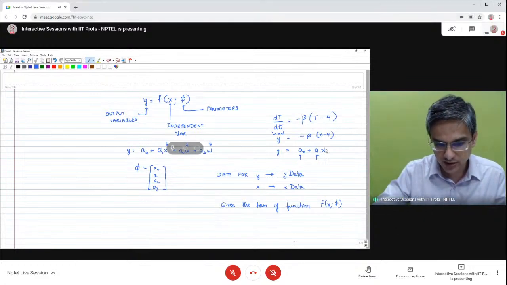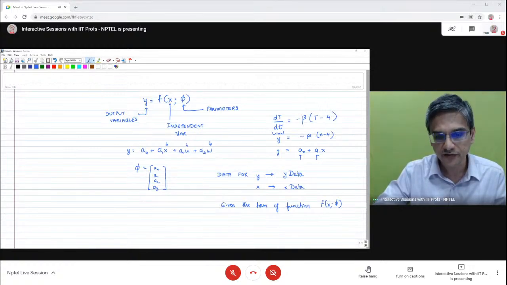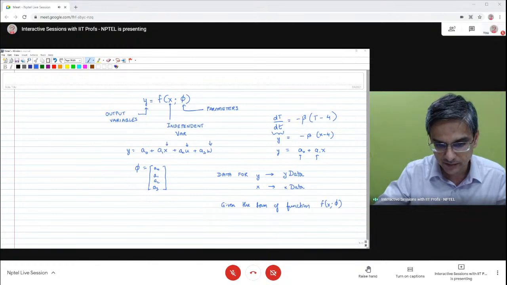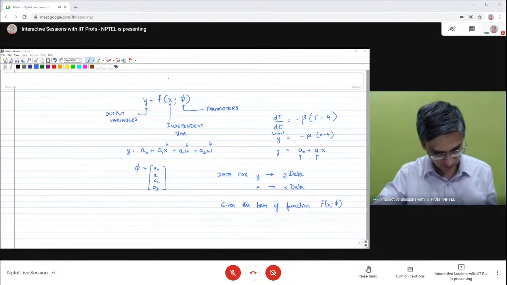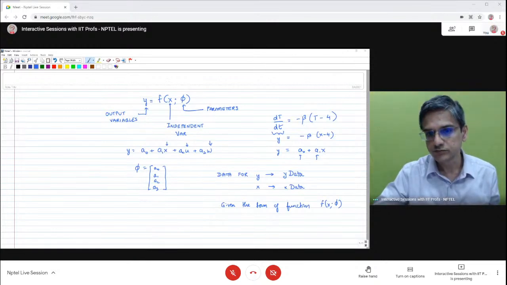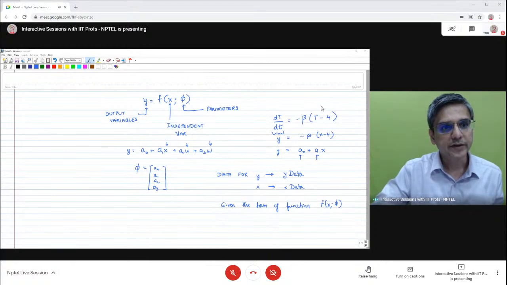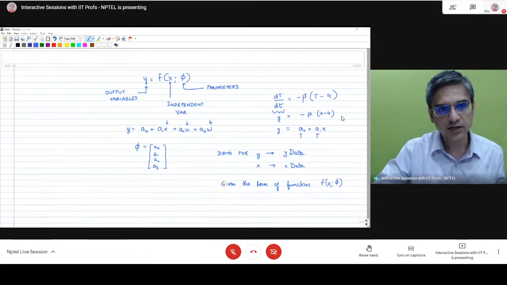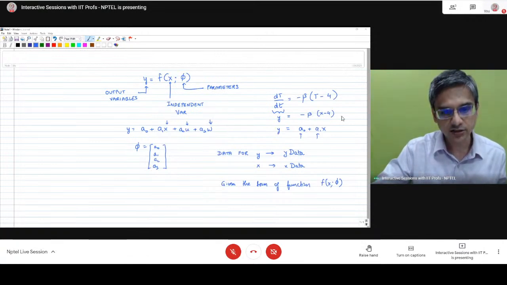Now, if you look at MATLAB help, you can just go and click on help for LSQ curve fit.